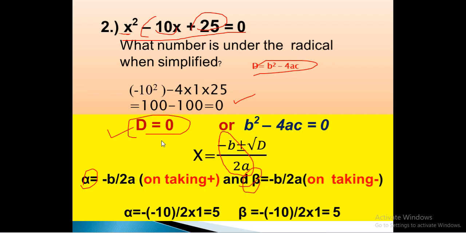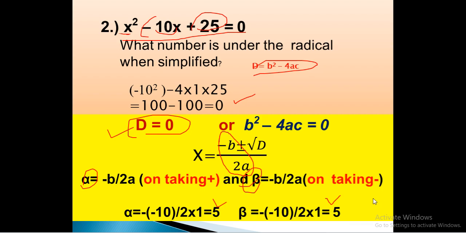So when you put the values, b is what? Minus 10, and here 2 into 1, you will get 5, and here also you will get 5. So what do you notice about the nature of roots now? Are they real? Yes, 5 is a real number. And what else? Are they distinct or what?